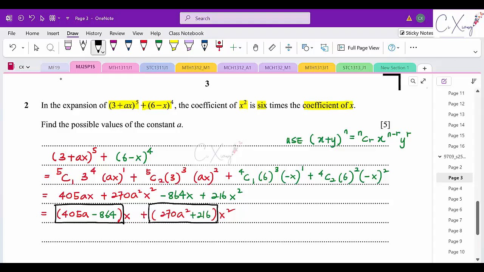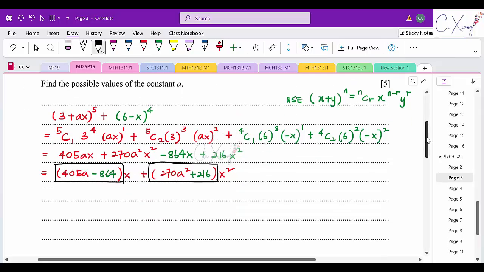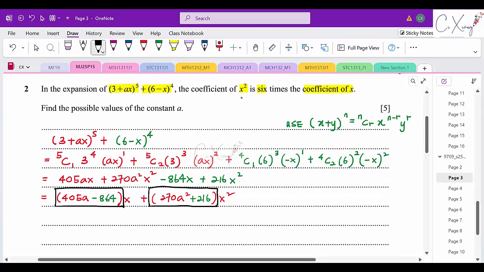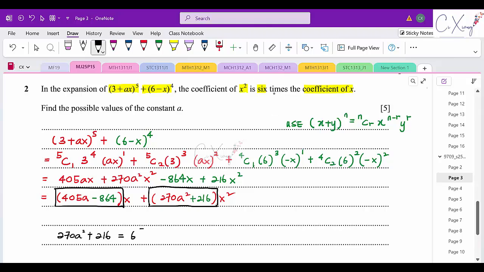Right, then continue and have a look at what is given by the question. Coefficient of x squared is 6 times the coefficient of x. So we try to write out one equation by using this information here. Coefficient of x squared is this one, right? So you write 270a squared plus 216 equals 6 times the coefficient of x, which is this one.